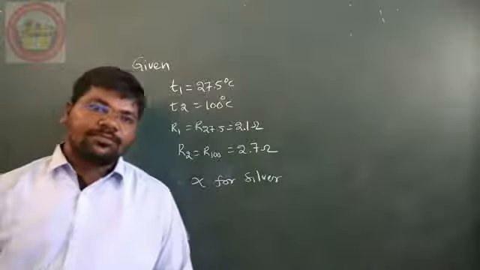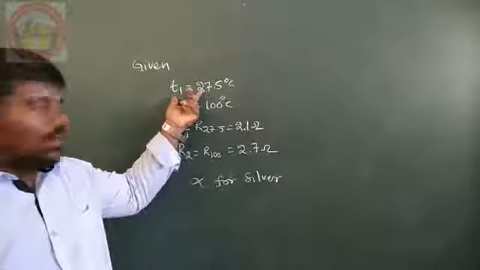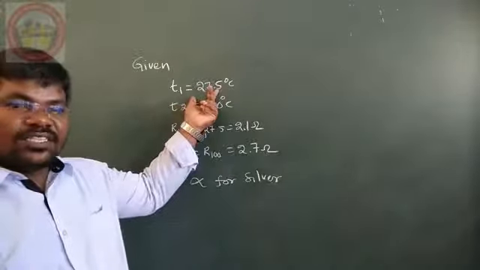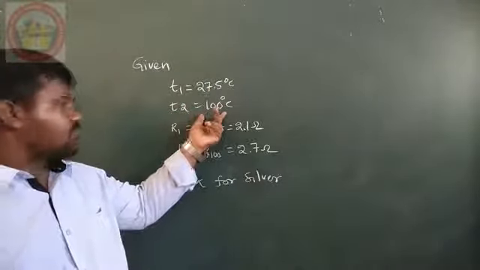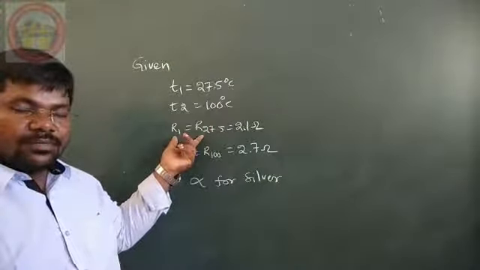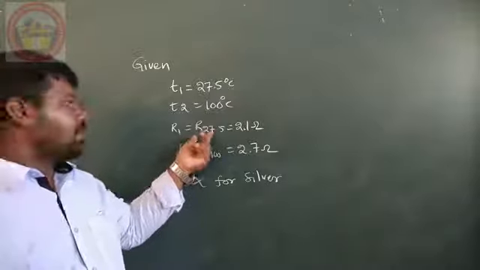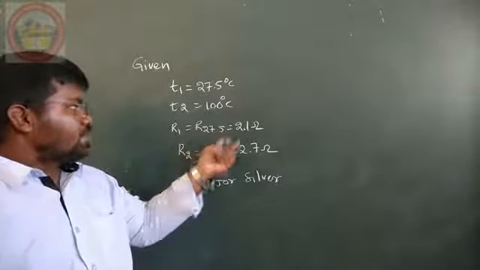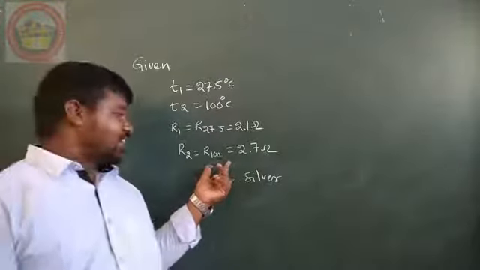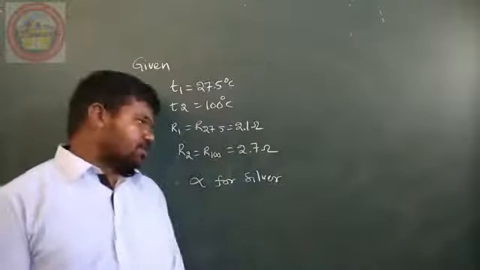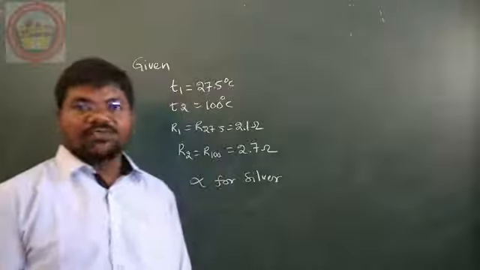From the given data, temperature T1 is 27.5 degrees centigrade and T2 is 100 degrees centigrade. Resistance R1 at the initial temperature 27.5 is 2.1 ohms. R2 at 100 degrees centigrade is 2.7 ohms. We have to find the temperature coefficient of resistance.